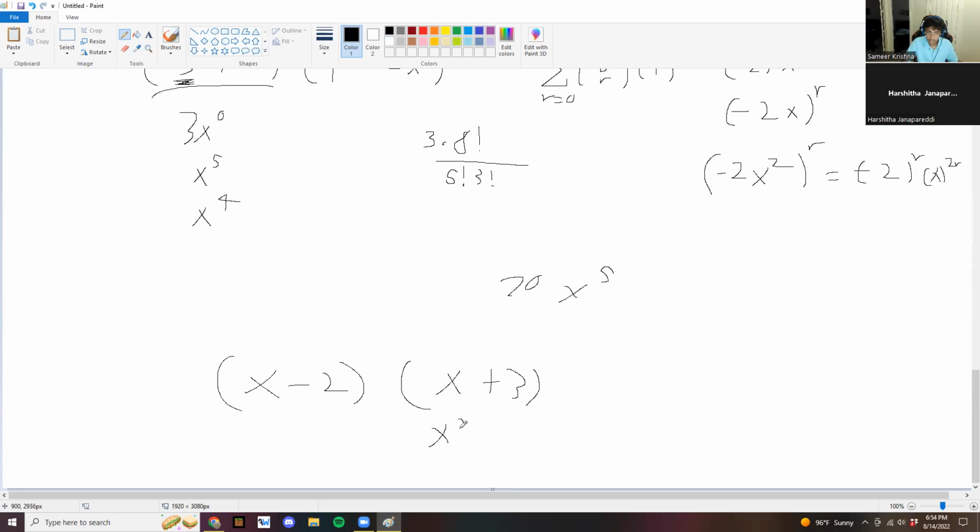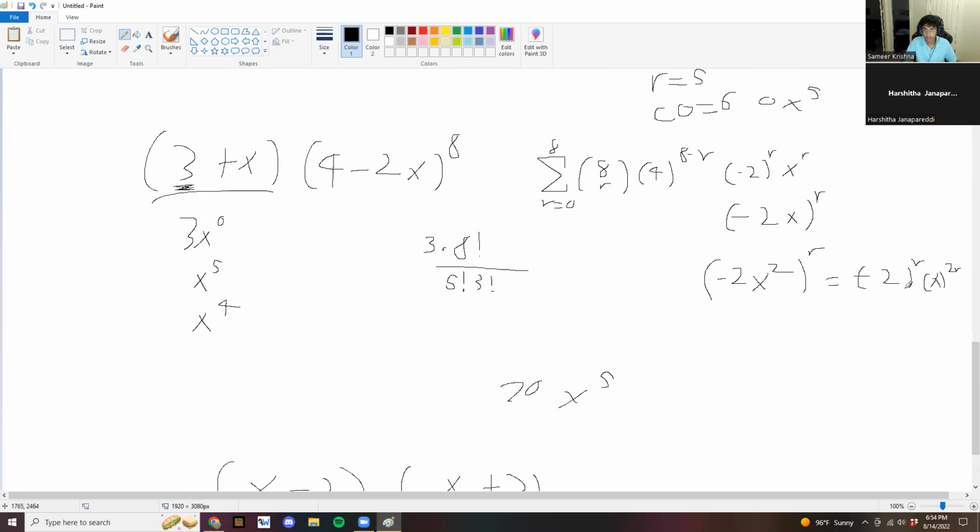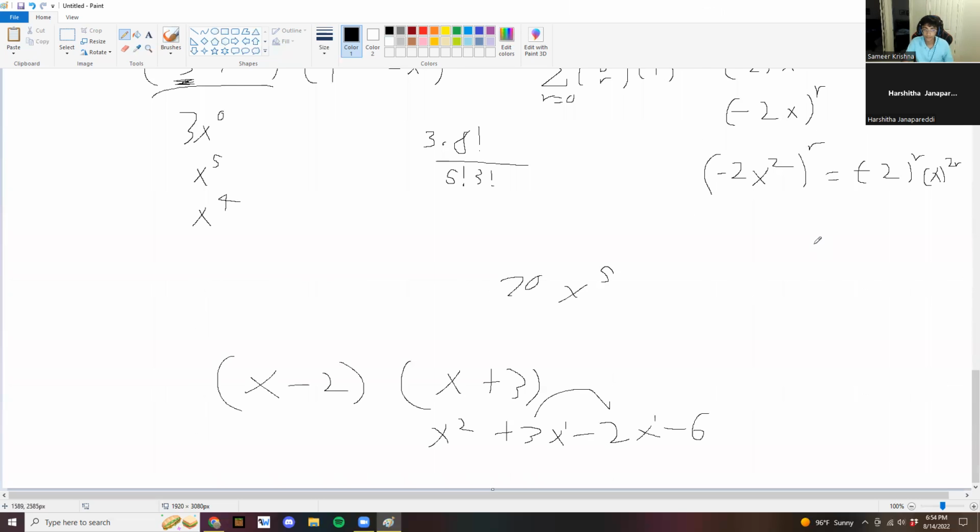That'd be x squared plus 3x minus 2x minus 6. This is what it would be like, because we have two terms with the same thing, which is x to the power of 1. So that's basically what we're trying to do here. We're trying to find the two possible ways you can get x to the power of 5.